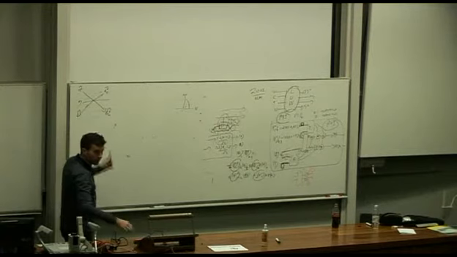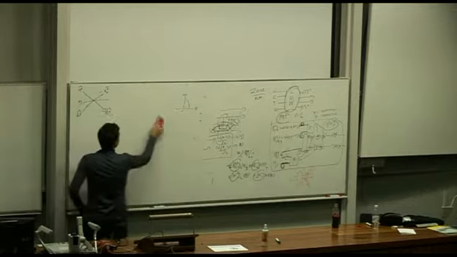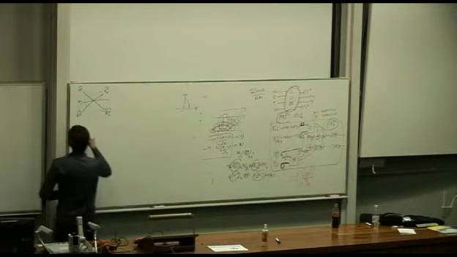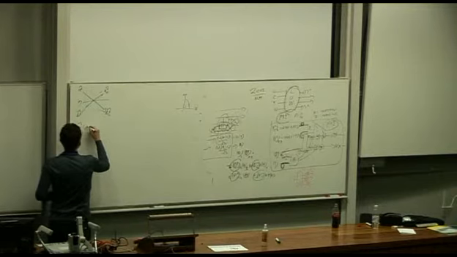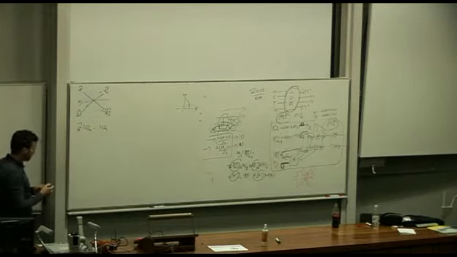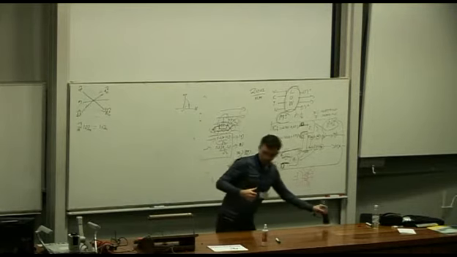And you're all happy with these operators which, for example, act on the vacuum in mode A to produce one photon in that mode. You can define annihilation operators and so forth.